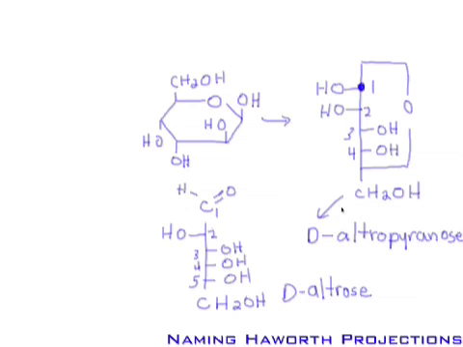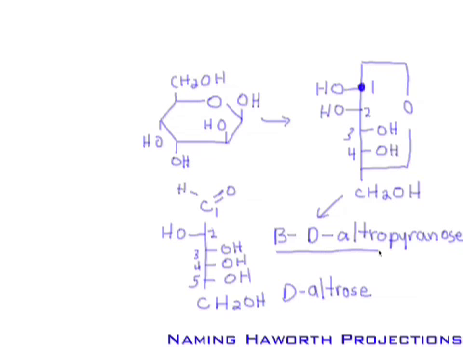Now, if this is D-altropyranose, the question is alpha or beta? Remember, alpha has the OH at the anomeric carbon, carbon 1, on the same side as the reference. Well, this one's on the opposite, so it's beta.